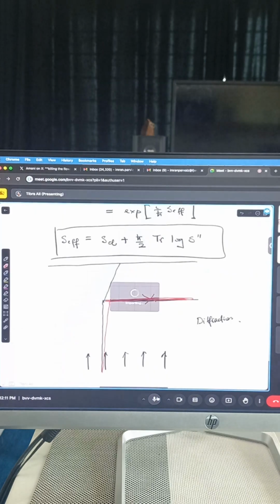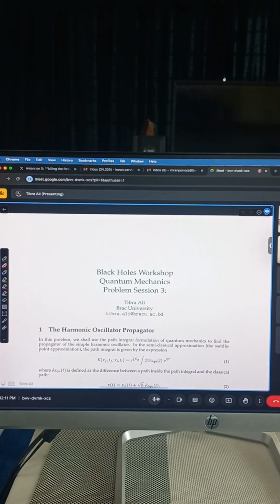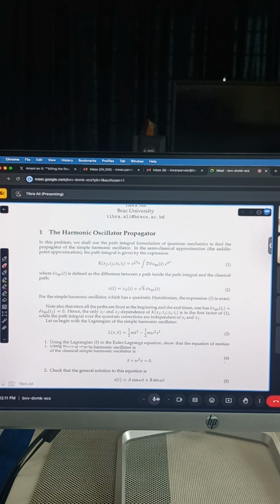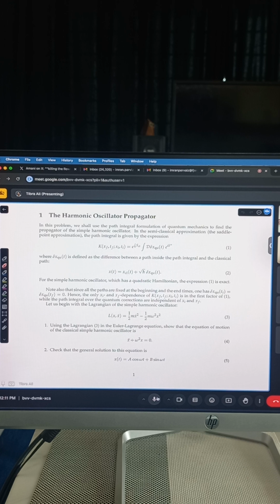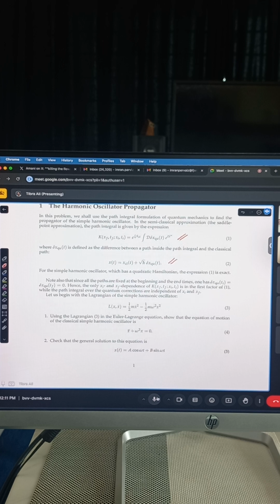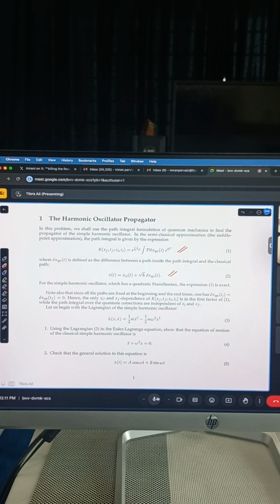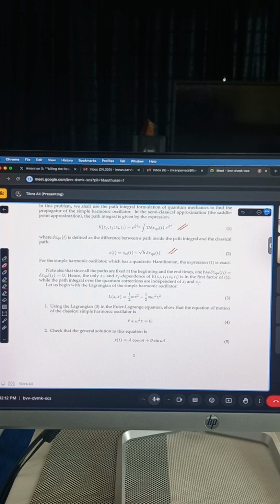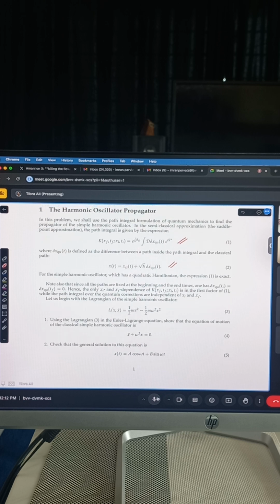All right, so let me just quickly go through the problem. Let me just give you the outline. This is the formula that we derived using this expansion. And what I'm saying is that for the simple harmonic oscillator, it's an equality, not an approximation.